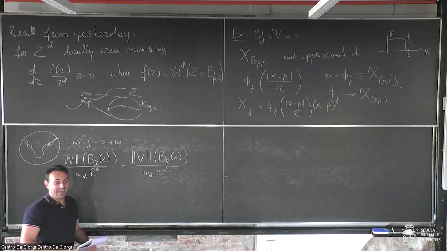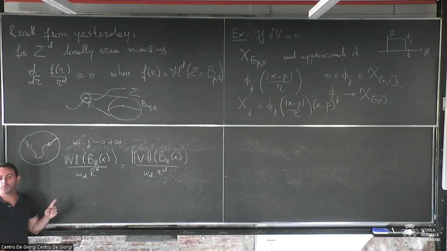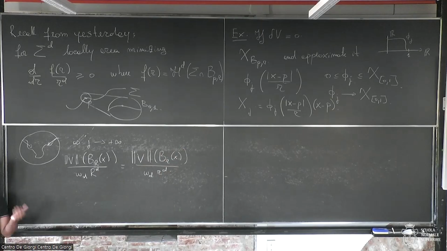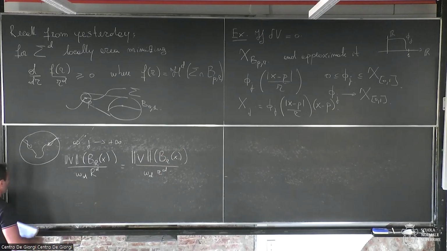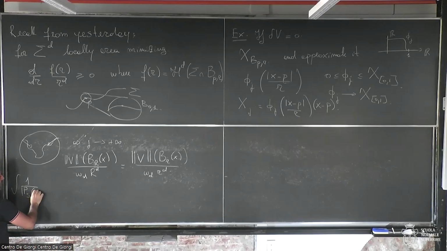Okay? And this would be good if you remember the computation that we did last time for area minimized surfaces. Remember when we applied the area formula, there was an area factor given by the integral of 1 over the projection on the plane of x over the normal x.